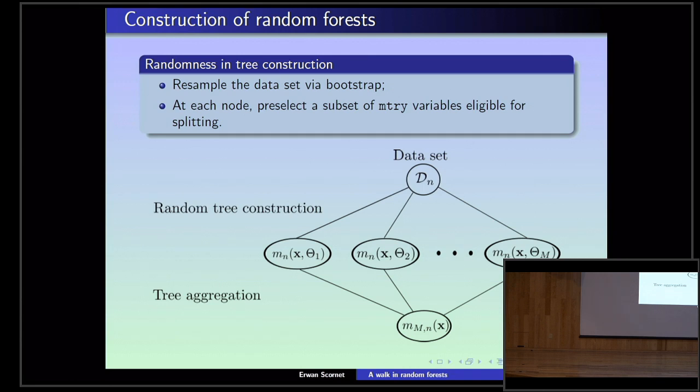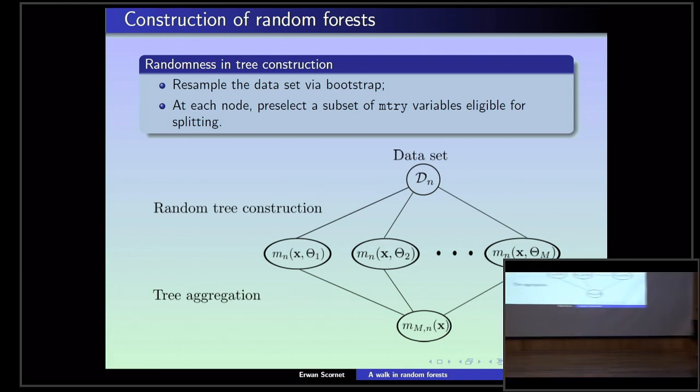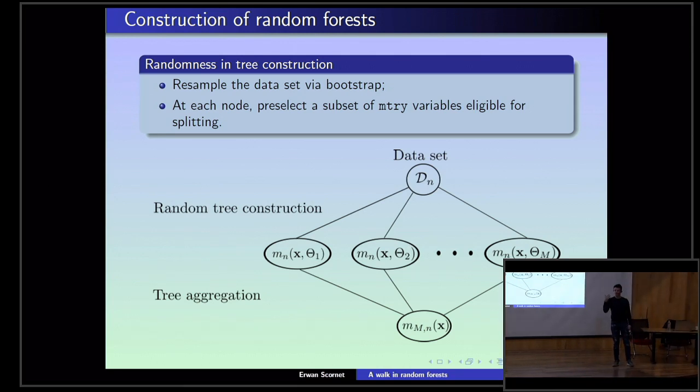One way is to build many different data sets, because I know that from one data set I'm able to build a tree. So if I have many data sets, I can build many trees. A simple way to do so is to resample the data set. In random forest, by default, bootstrap is used, which is taking n observations out of n with replacement.